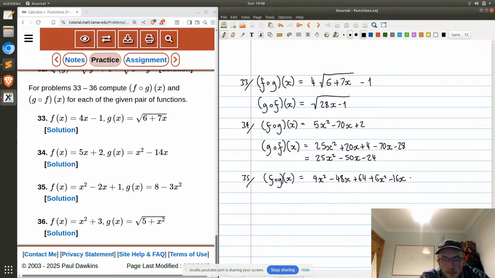And then add 1. And compute. So we'll have 15x squared minus 64x plus 65, I believe.